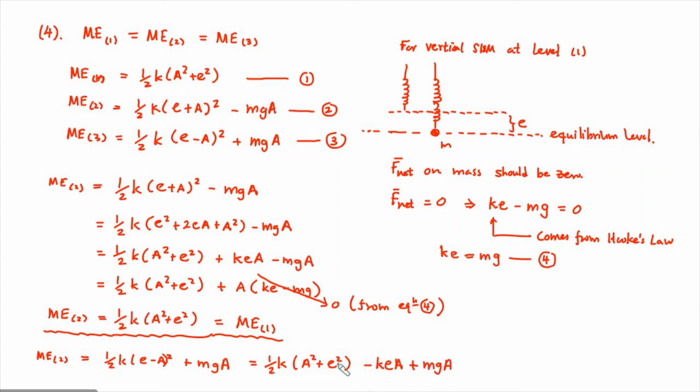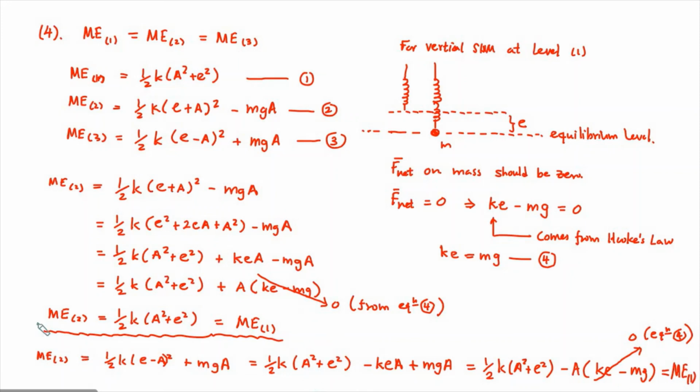So just like the previous case, if you factor out an A, you are going to get 1/2 K (A squared plus E squared), and if you pull out this negative A, you are going to get KE minus mg, and that is again equal to 0 from equation 4.